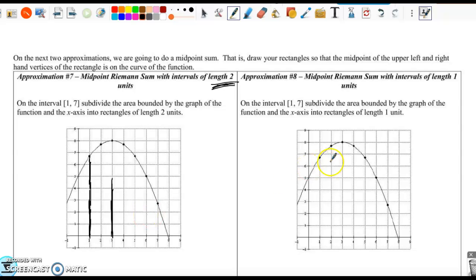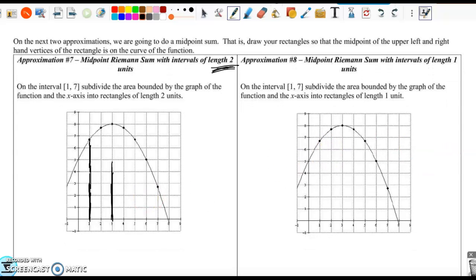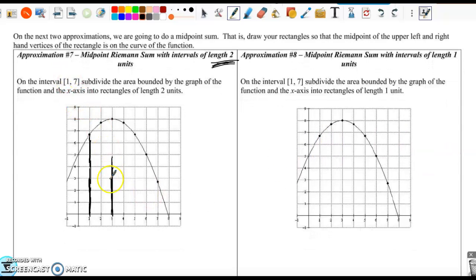But what you use is the midpoint of 1 and 3. So what's halfway between 1 and 3? That's x equals 2. So you go to that y coordinate. It's not halfway between the two y coordinates. It's halfway between the x's, so halfway between 1 and 3 is 2.